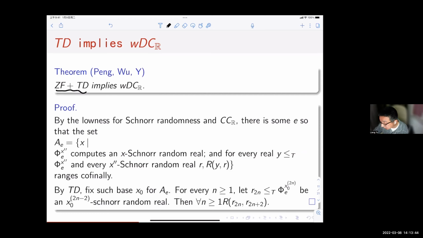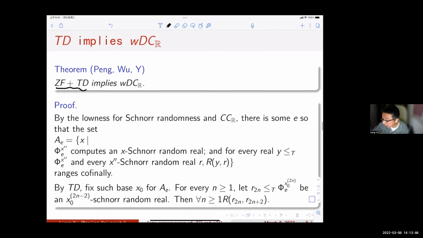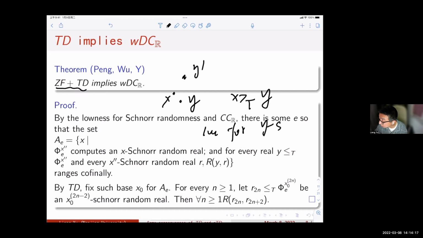Okay, let's look at the proof now. For any y, y jump computes a Schnorr random relative to y. Now let's find a real x, low for y-Schnorr random.